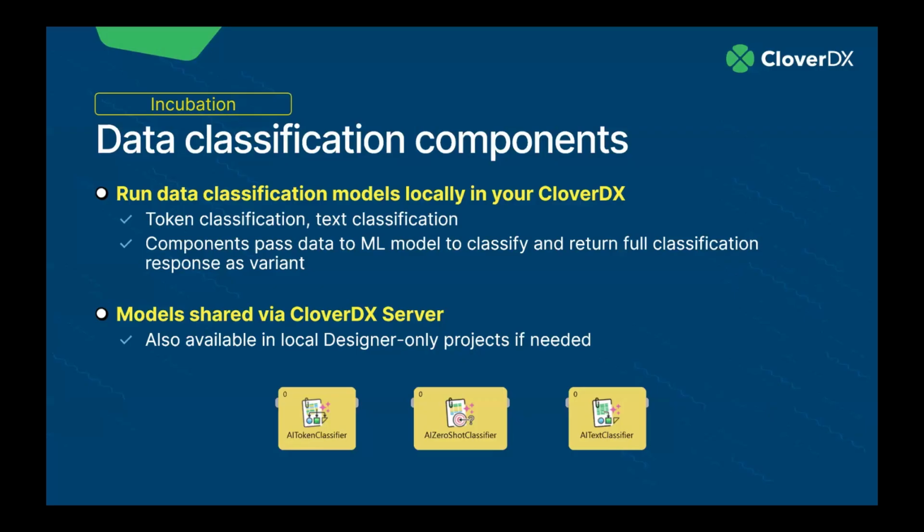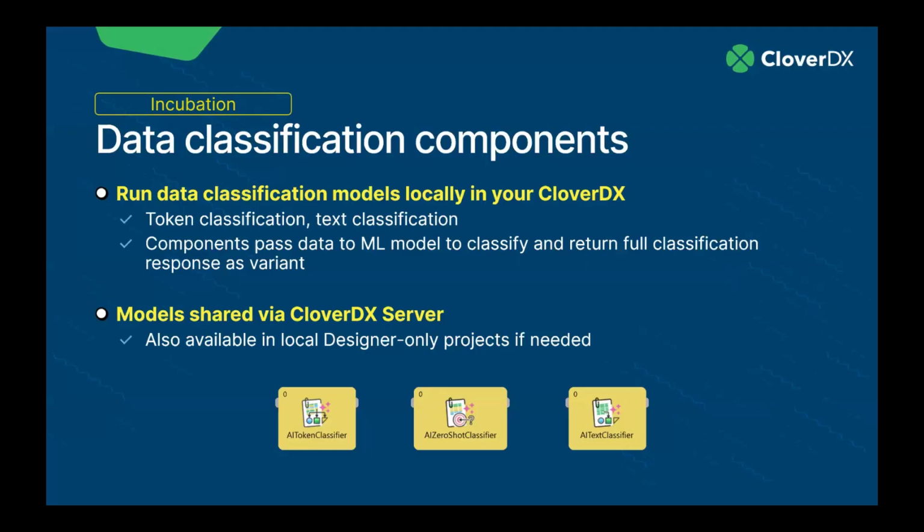And again, in this case, we have been thinking about how to make this work in the most flexible way possible. The way these components work is that they provide the interface between you and the machine learning model that you get from somewhere else. You need to package the model for Clover to be able to understand it, but that usually is not too difficult. And whatever the functionality in your model is, that's what the components will allow you to do.